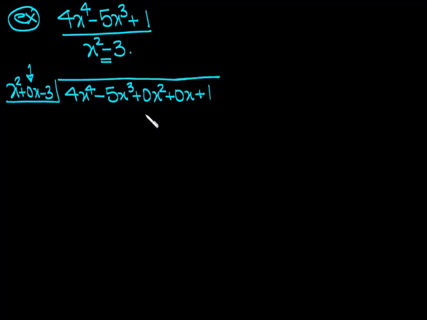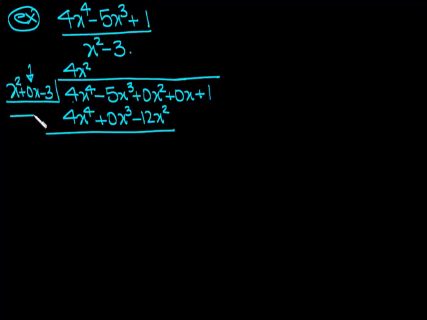Okay, so now we ask ourselves, what can I multiply this x squared by to make it 4x to the 4th? So it'll be 4x squared. 4x squared times x squared is 4x to the 4th. 4x squared times 0x is just 0x cubed. I'll just write that because 0 times x cubed is just 0, so it really doesn't mean anything. 4x squared times negative 3 is minus 12x squared, and then we're going to subtract.